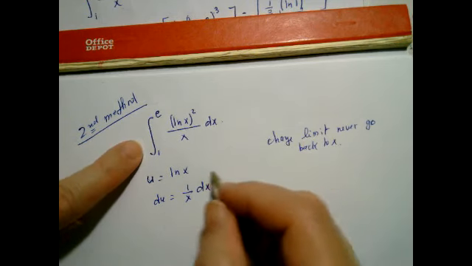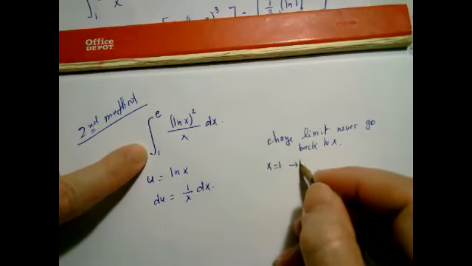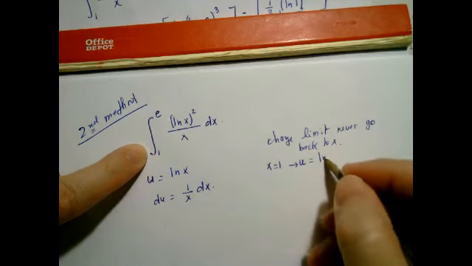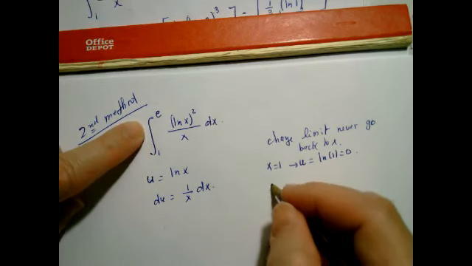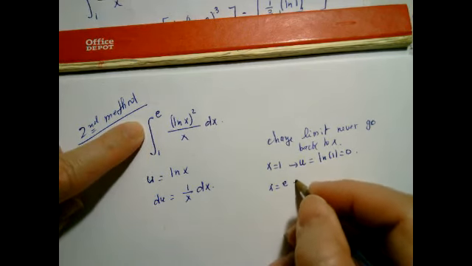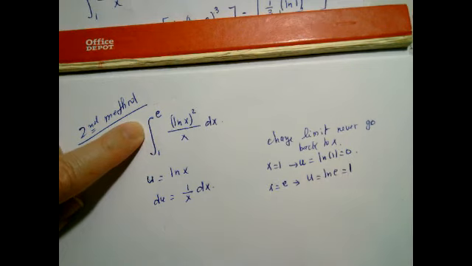What do I mean by change limit? I say here, if x is 1, my u is ln of 1, which is 0. And if x is e, my new limit is ln of e, which is 1.